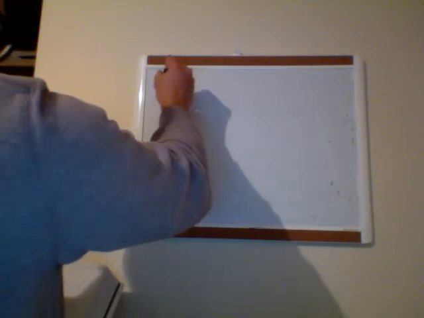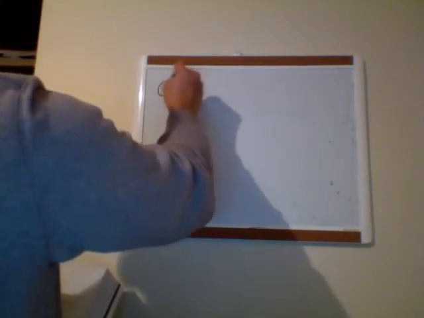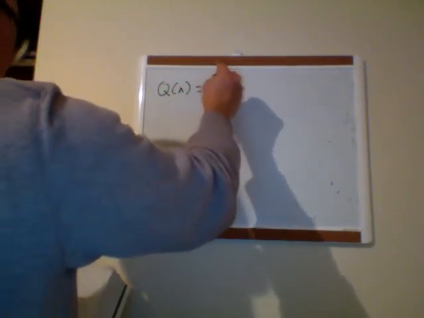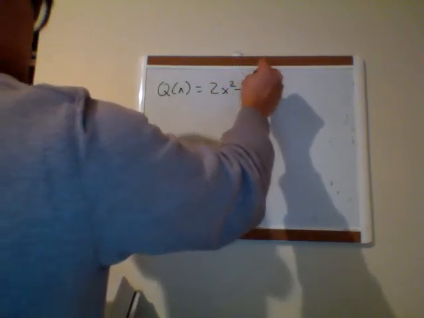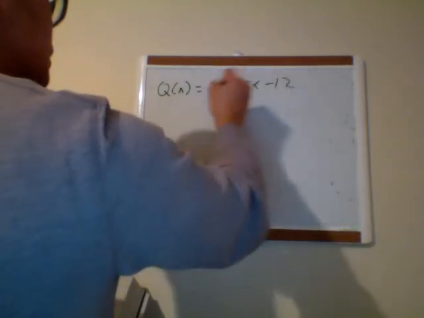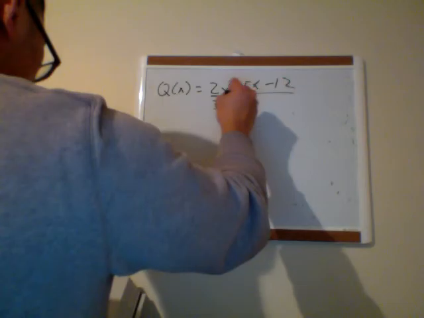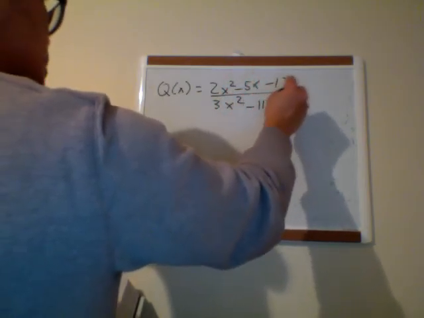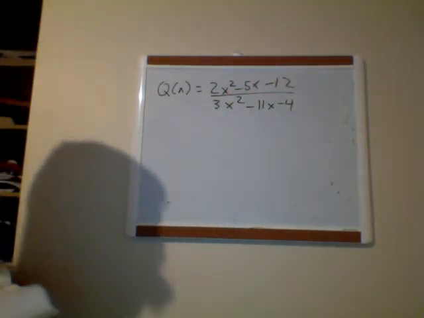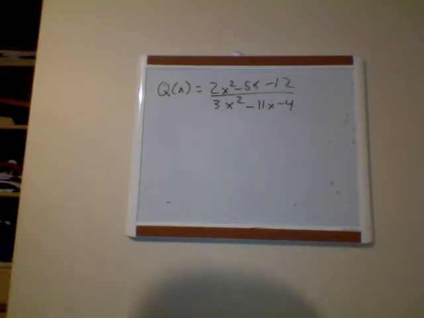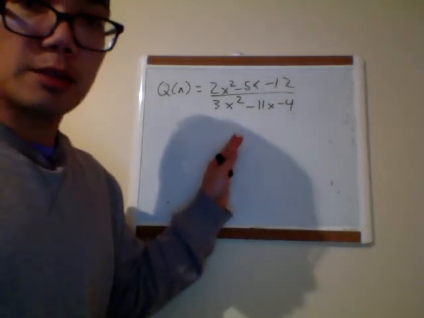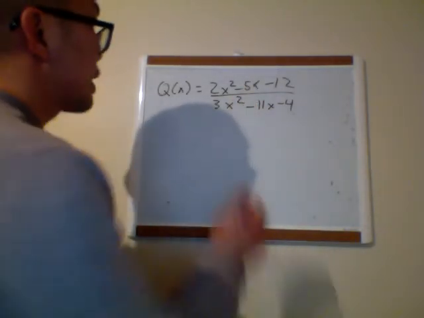I am going to do q of x is equal to 2x squared minus 5x minus 12 over 3x squared minus 11x minus 4. So remember, to first find the vertical asymptote, I have to simplify. So let me factor this.